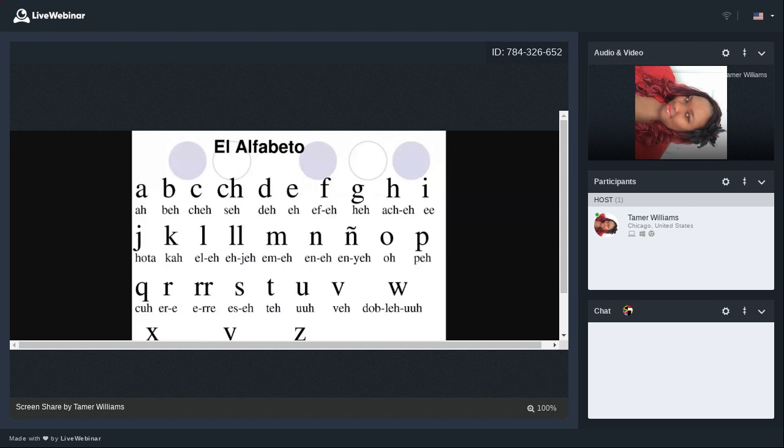As some of you guys know me by my nickname, voy a empezar con su nombre. I'm going to start with my nickname. So, vamos a empezar con la letra M. We're going to start with the letter M. M, O, R, E, N, I, T, A. Morenita.